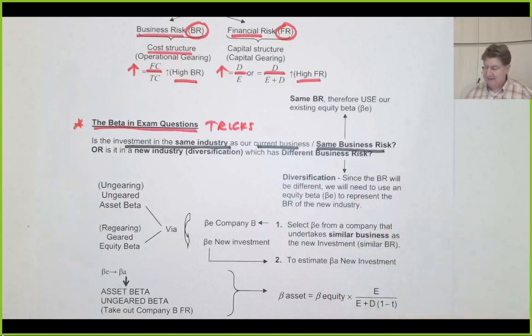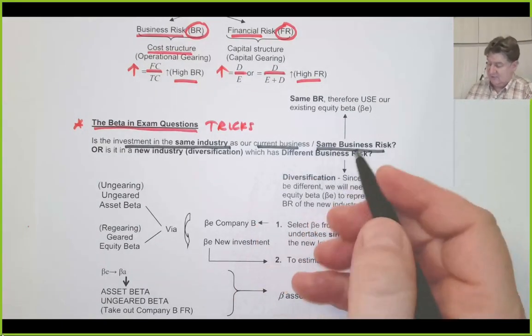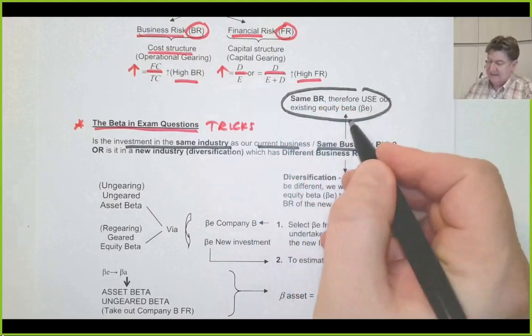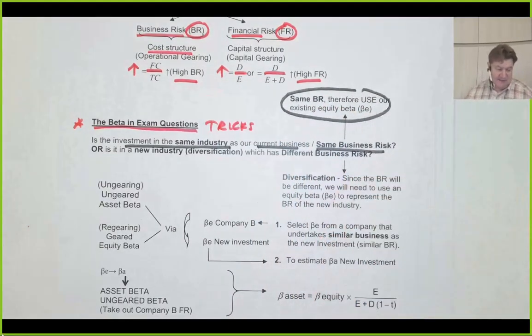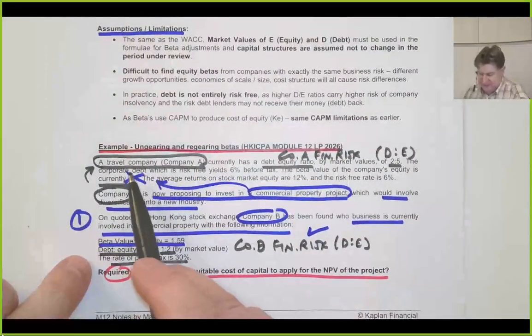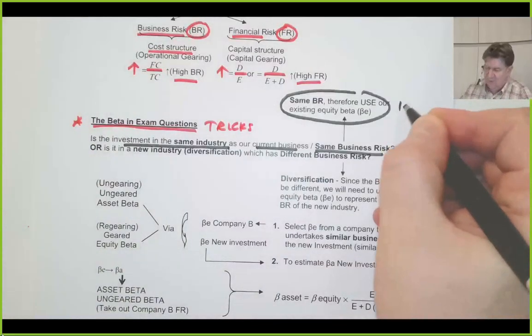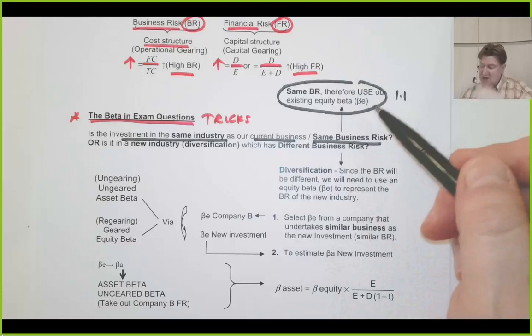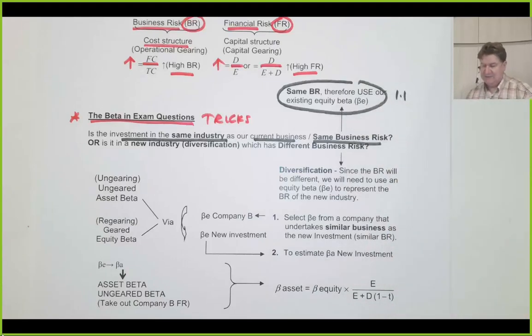If it's in the same business, it's going to be the same equity beta. So let's go back to our little example. If we're expanding the travel business, not a problem. We could use 1.1 there as the beta. It's the same business risk. We can use our existing equity beta.